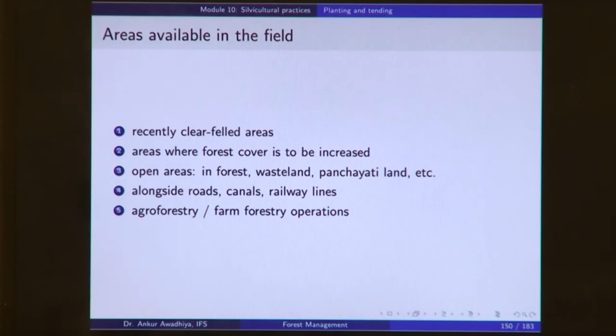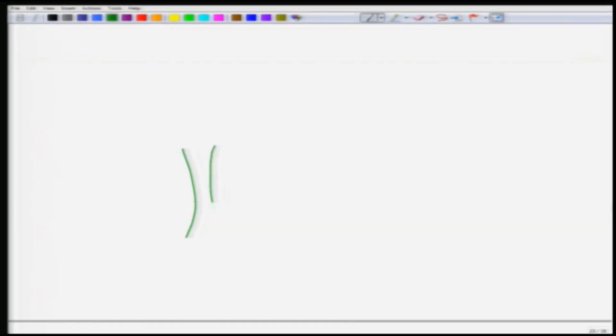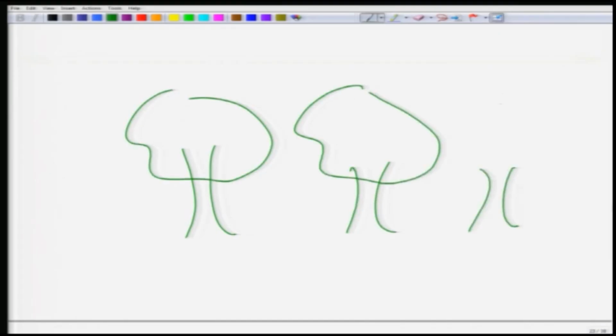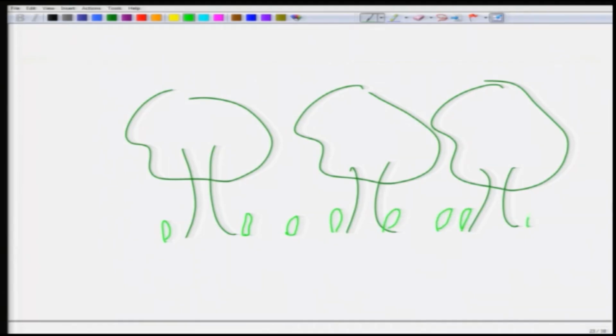So, a classic situation is where a farmer might want to have mango trees on his farm, and below these mango trees he might want to put up, say, haldi crops. Now, haldi, or turmeric, is a species which grows in the shade.